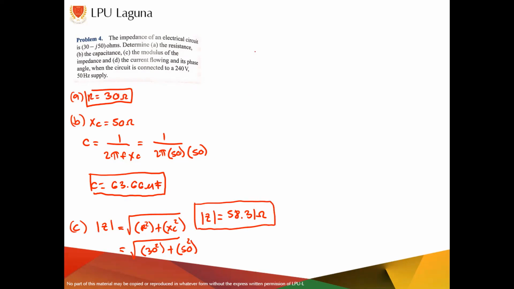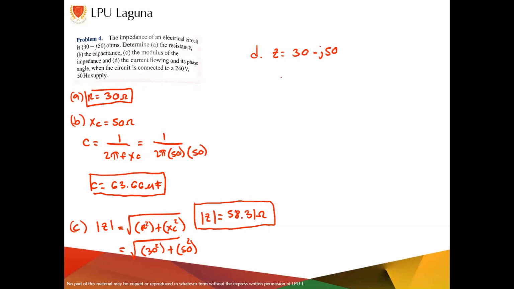Next, letter D. The current flowing and its phase. So we're looking for I. Again, Z is equal to 30 minus J50.